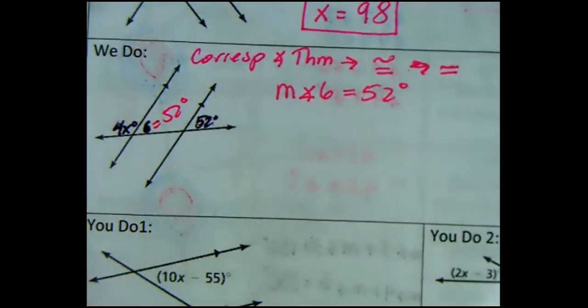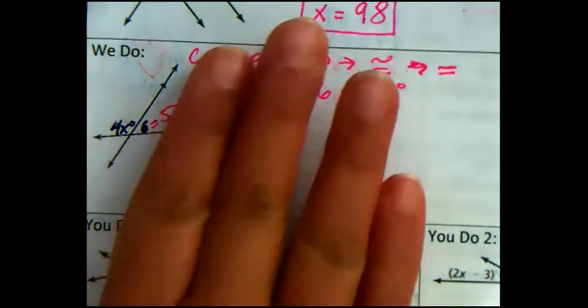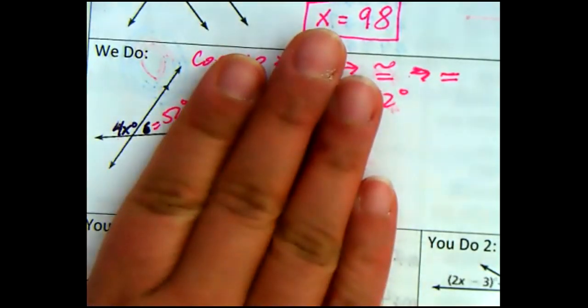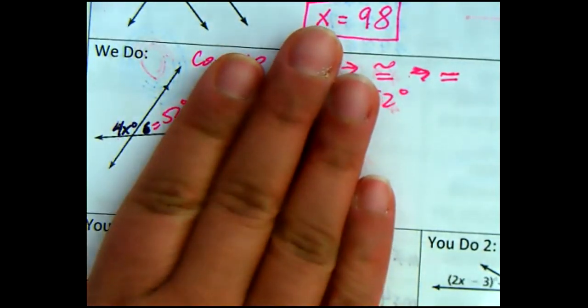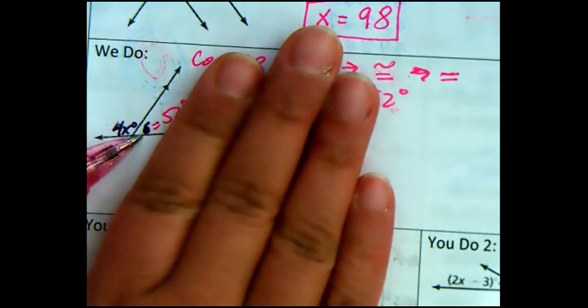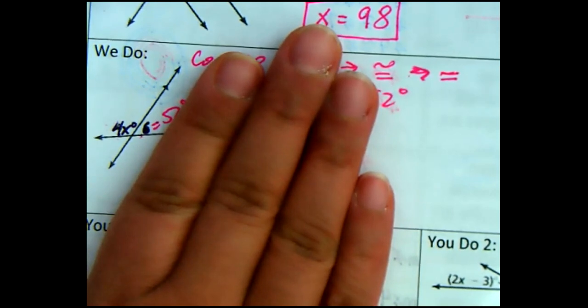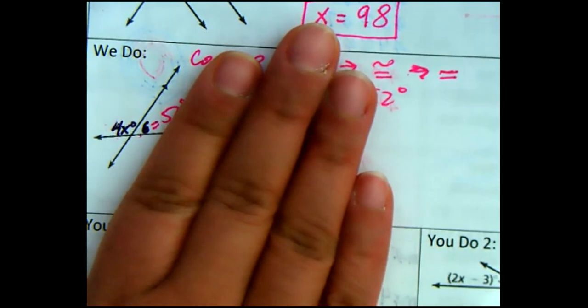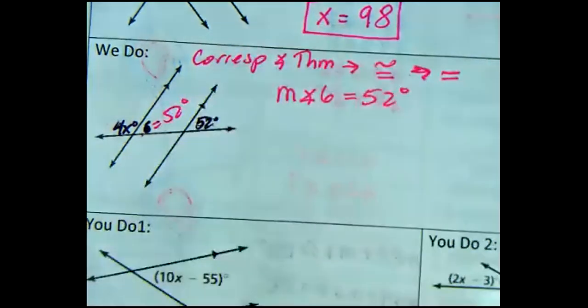So this is going to help me because now what is the angle pair between 4x and angle 6? They're supplementary. Why are they supplementary? Because they are... what is it?